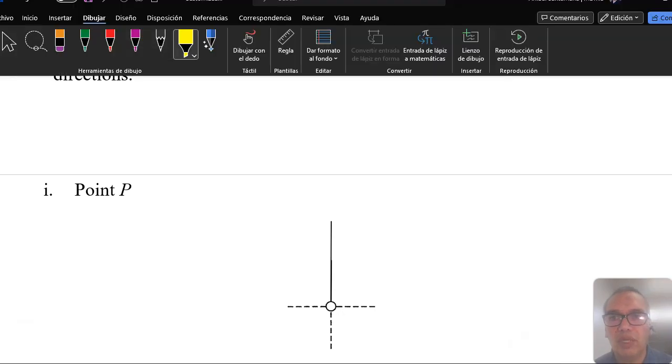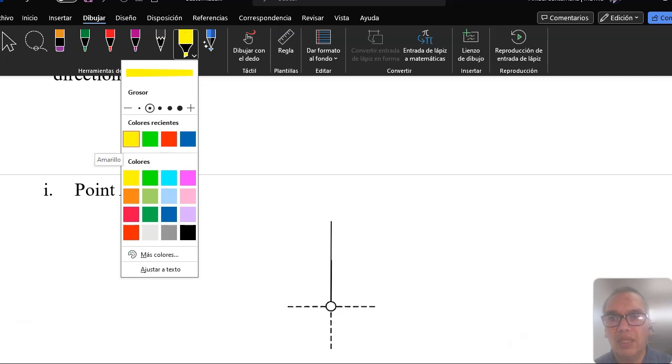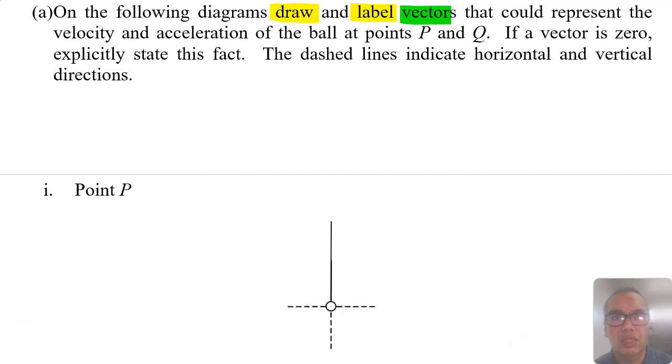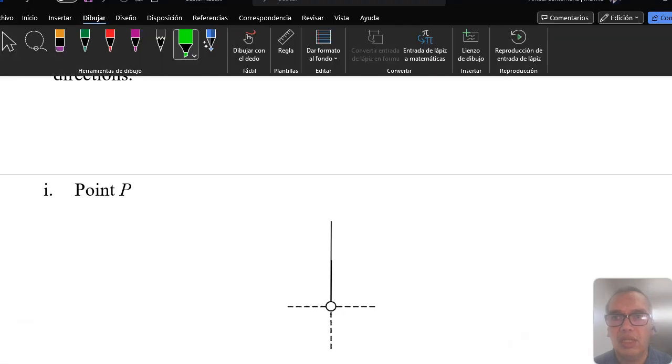Now, what are you expected to draw and label? Well, they just said it's vectors that could represent velocity and acceleration of the ball. So here we are going to use a code where red is velocity and purple is acceleration. In the test, you probably won't need that.